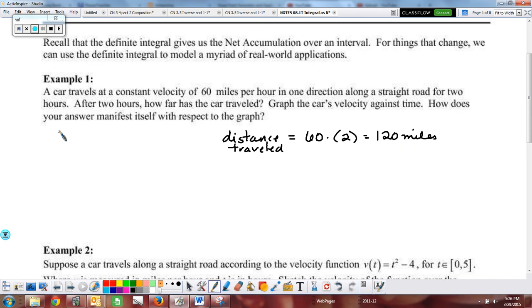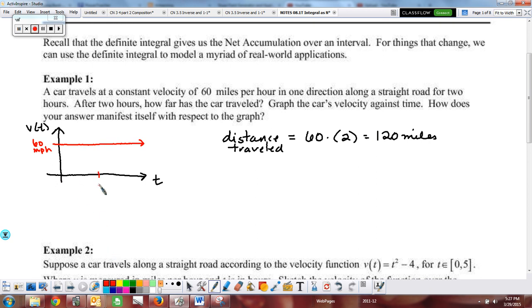But we've seen in our earlier discussion that if I were to take a look at a graph of the car's velocity, v of t over time, so I'm traveling at this constant 60 miles per hour, how does this answer manifest itself in the graph?